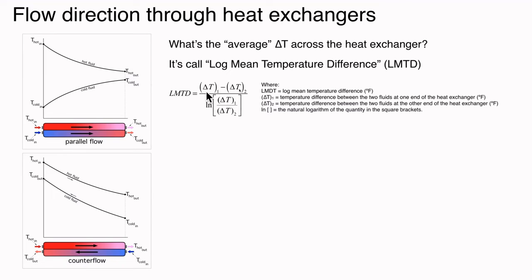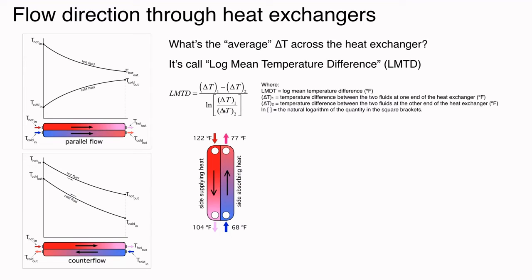And then you subtract one from the other, and then you divide by the natural logarithm of the ratio of the two. This is, from a derivation standpoint, the characteristic. I'd like to describe it as, think of this as the effective average delta T between the two fluids, okay? So here's a quick example.